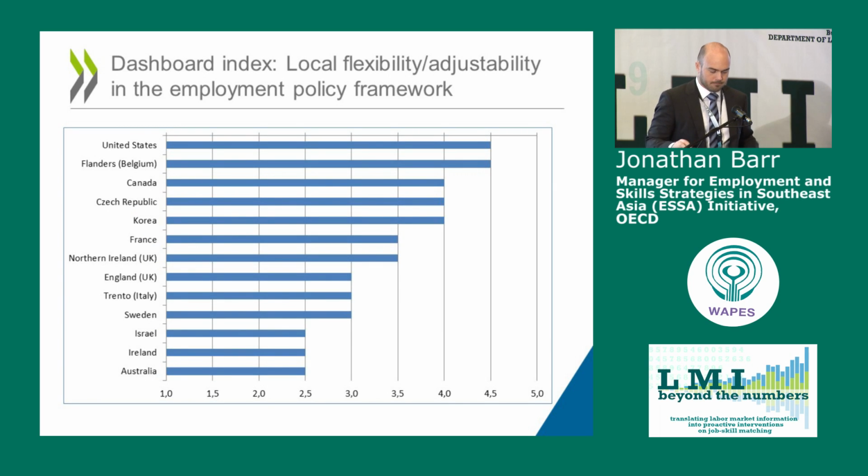The other work we've been doing in the OECD is we've launched, for the last 4 years, reviews in several OECD countries, and we've been trying to calculate the flexibility within employment services.